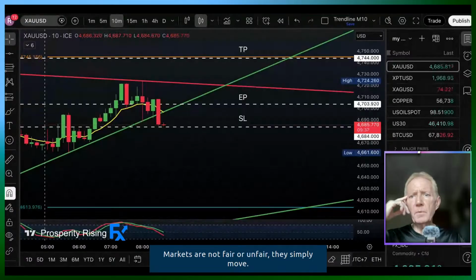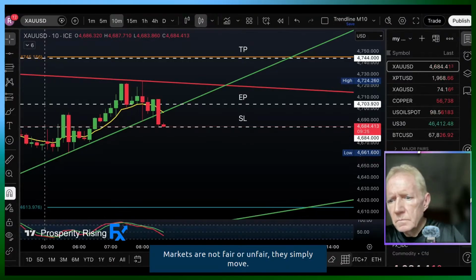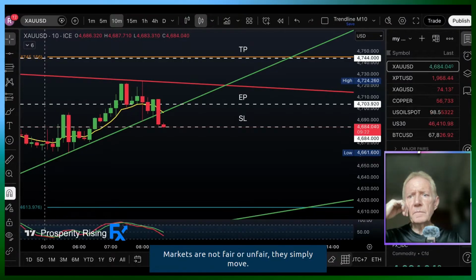Hasn't quite hit it yet. I'm looking at MT5 now, but I'm pretty sure it will. It's just a few pips away. Bang, gone. Okay.